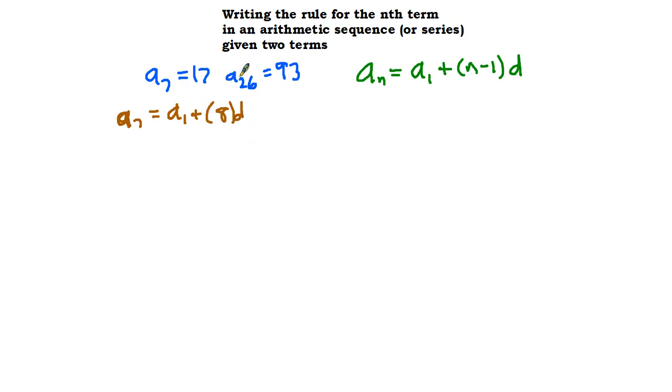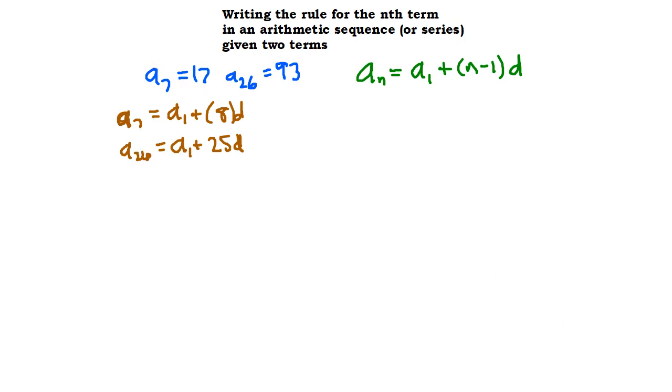Then we're also going to write a sub 26. We don't know a sub 1, but we do know it's going to be 26 minus 1, because the n is 26, so that'll be 25d. And then we'll replace the a sub 7 and a sub 26 with the numbers we know they actually are.